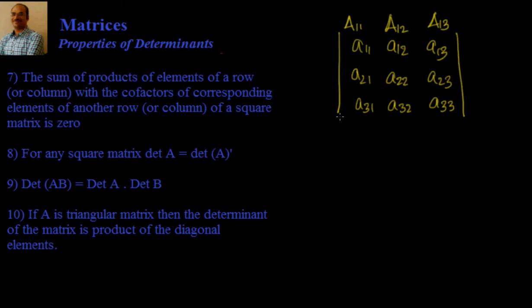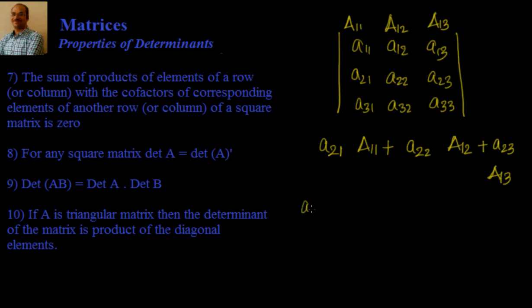Let us see how it becomes 0. Let us say that we want to find out the second row. Let's say that we want to find out A21 into cofactor A11 plus A22 into cofactor A12 plus A23 into cofactor A13.